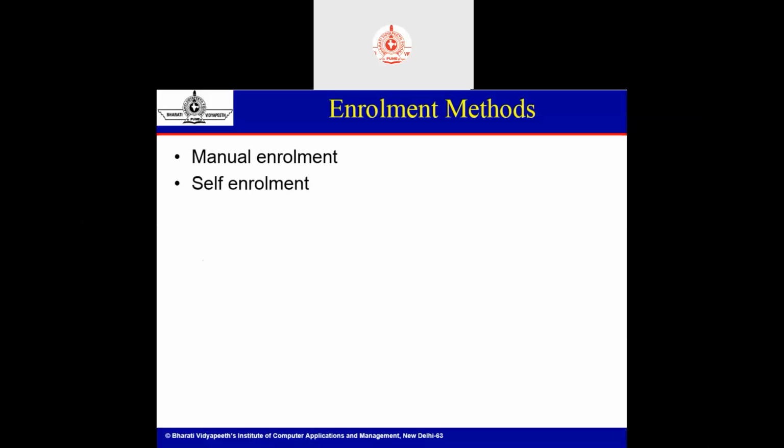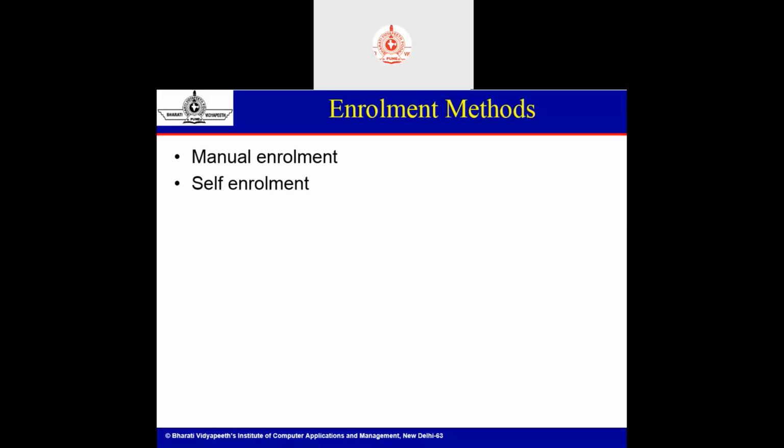The second option is self enrollment. Suppose there is a university or a curriculum in some institute where teachers go into the classroom, give their introduction lecture to the students, and ask them to join their course, and the students really want to join. That cannot be done by manual enrollment; that should be done by self enrollment.